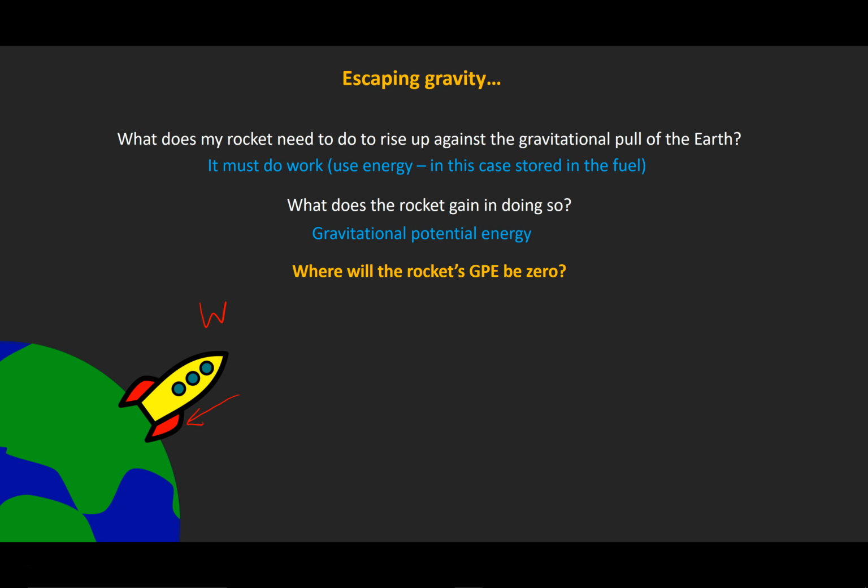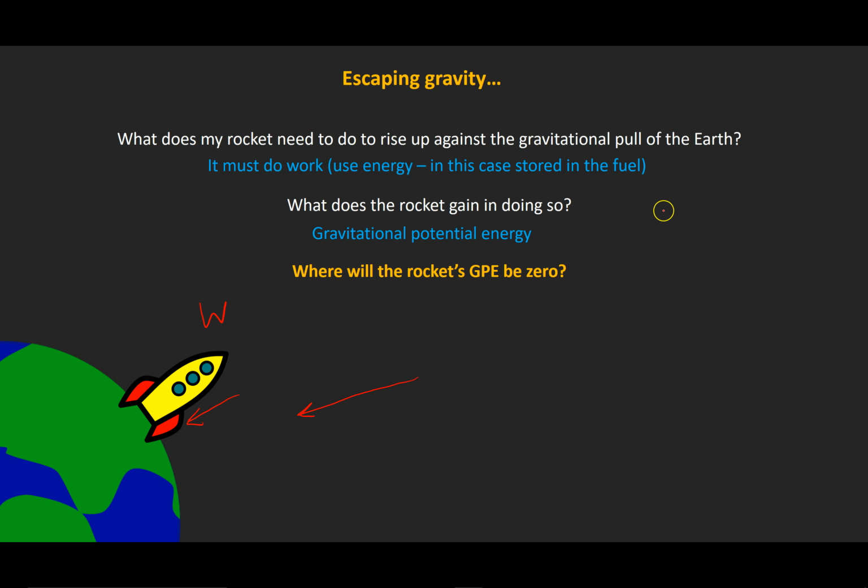Now, an important concept when we're looking at gravitational potential energy is where will the rocket's gravitational potential energy be zero? And the only place its GPE can be zero is when the Earth is effectively having no more gravitational pull.